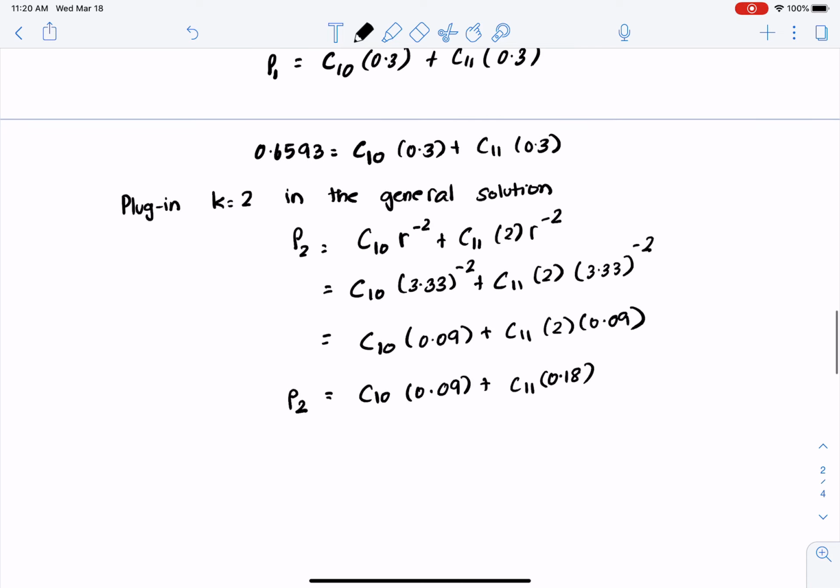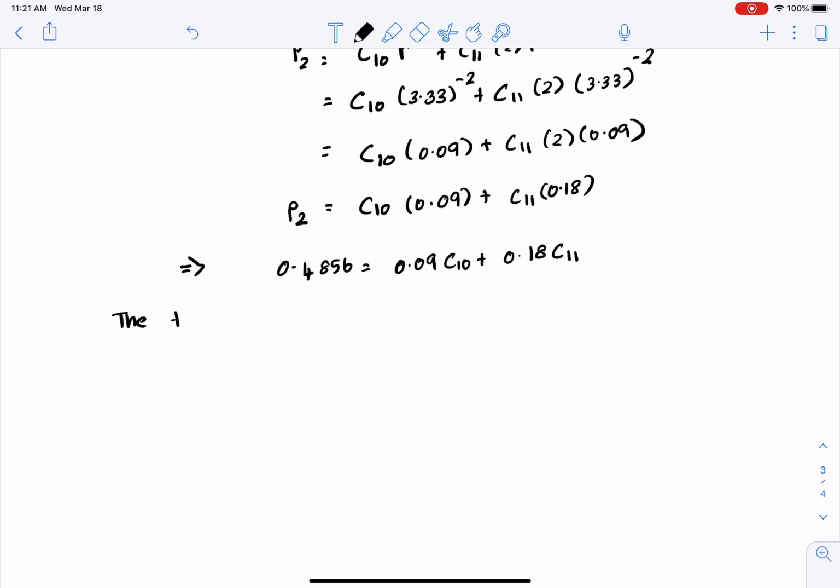And we also know row 2 is 0.4856, so the equation now becomes 0.4856 equals 0.09 C10 plus 0.18 C11.